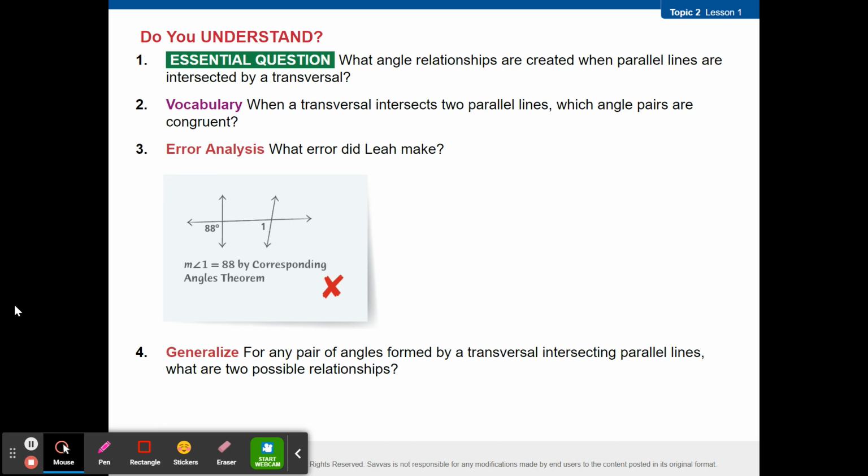It says, what angle relationships are created when parallel lines are intersected by a transversal? What are those relationships? It's like from example 1, guys. Vertical, corresponding, same side interior, alternate side interior, and linear pair.